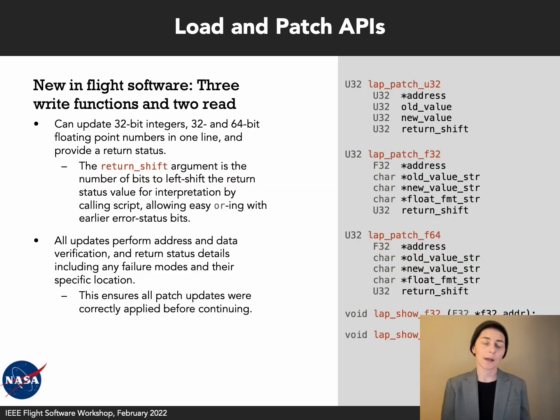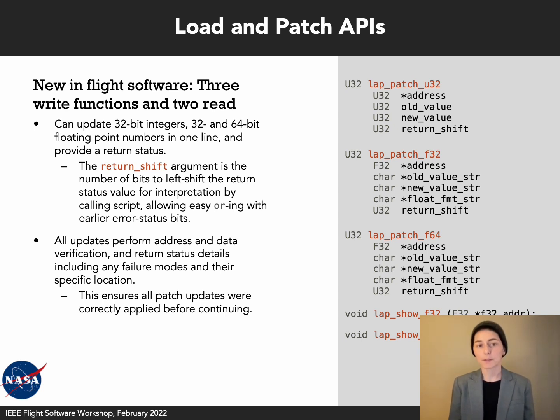We have created and exposed three write APIs and two read APIs from within the flight software. These new functions can update 32-bit integers, just like before, but also 32 and 64-bit floating point numbers, all in one line, and provide a return status, which you can then combine into one big status field using the return shift argument.